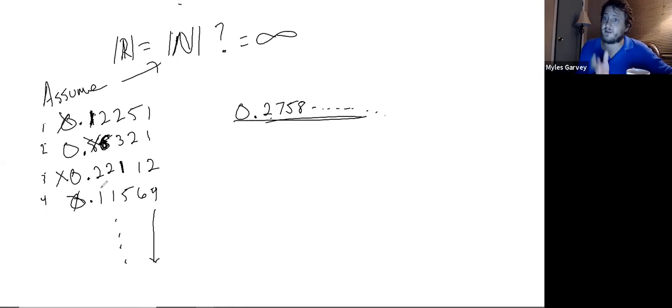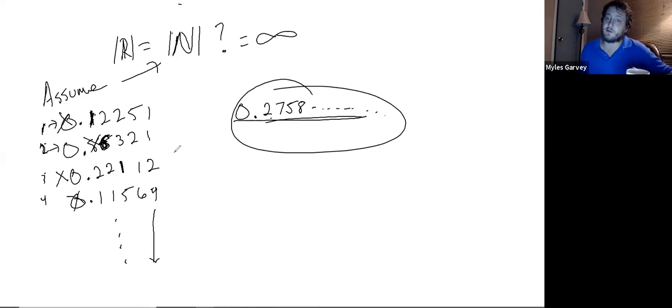But that assumption is based on the fact that we can actually list, or when we list things, it's the same thing as assigning the number 1 here, number 2 here, or put differently, it's the same thing as putting the numbers in a bijection with the natural numbers. But given that this number is not in here, it means that this assumption is incorrect.